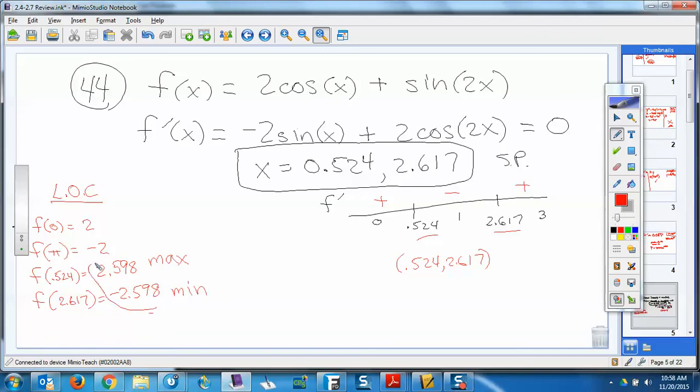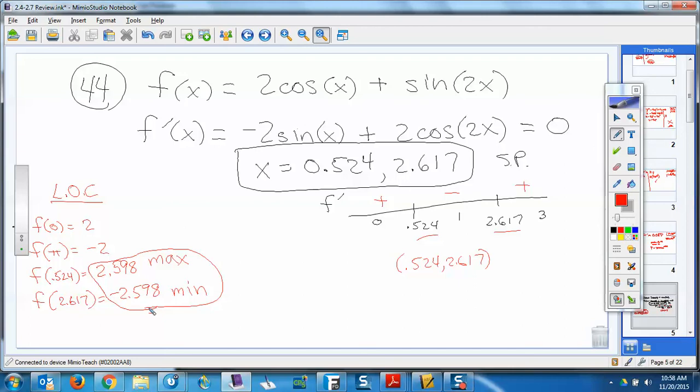So now, it's very important that you give me what the question asked. Usually with global max min, it wants the outputs, the y values. It doesn't want the 0.524, and it doesn't want the 2.617. Now sometimes you get problems that say give both coordinates. Did 37 say that in the directions?